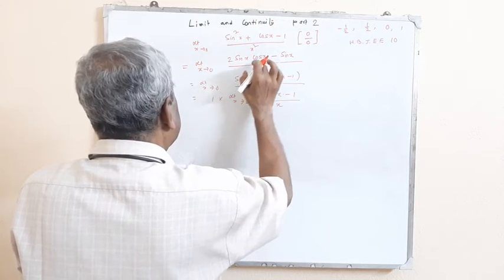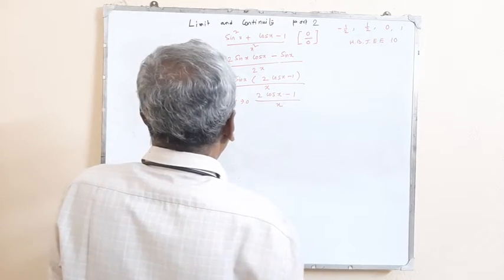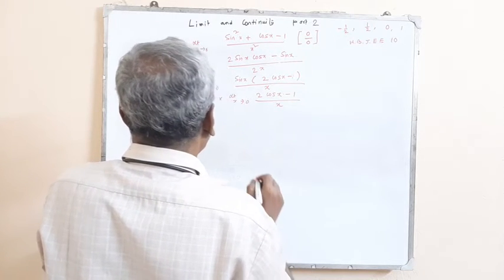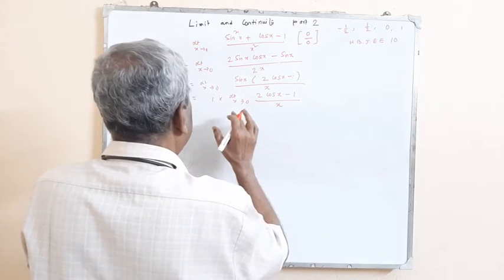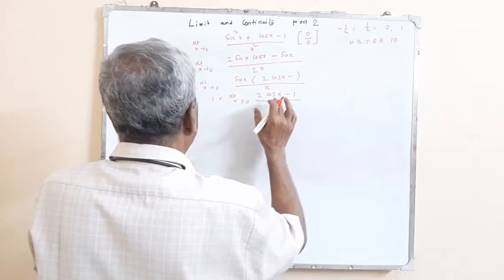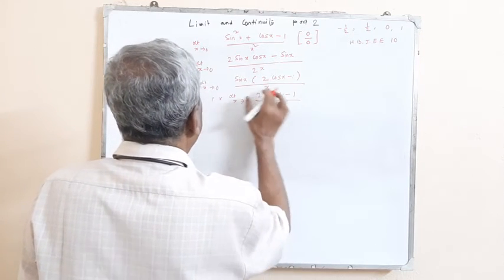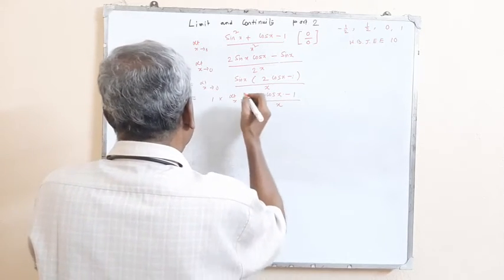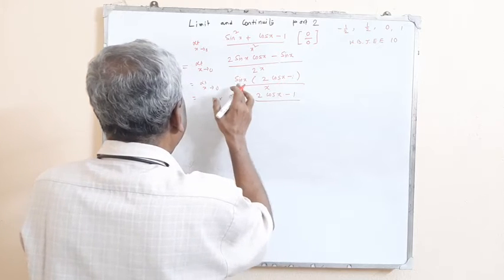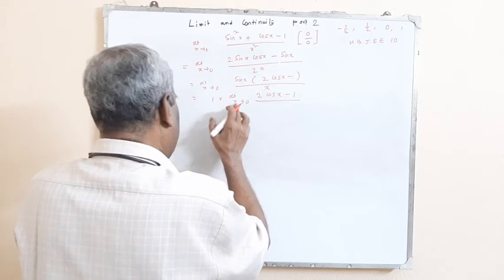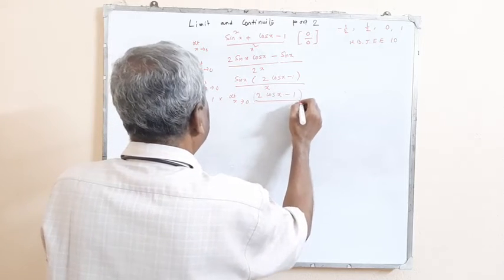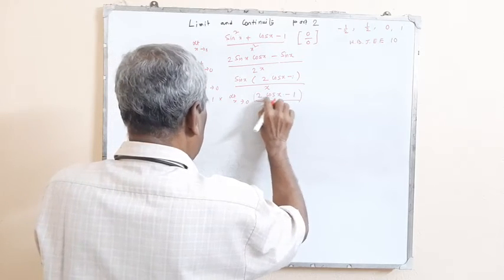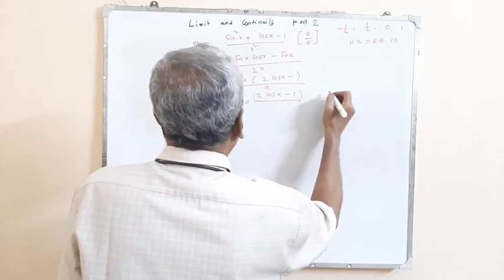Now sin x taking common, 2 cos x minus 1 divided by x. So it is equal to sin x by x, which is 1, into this.